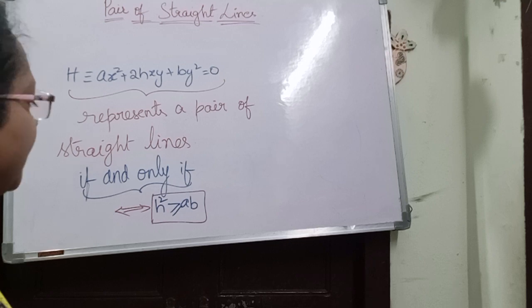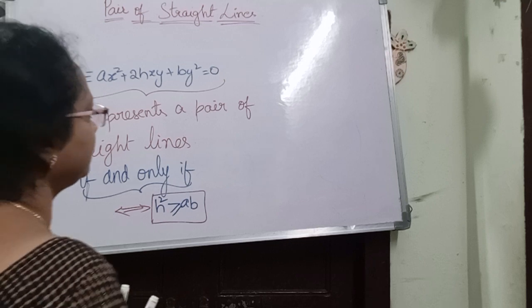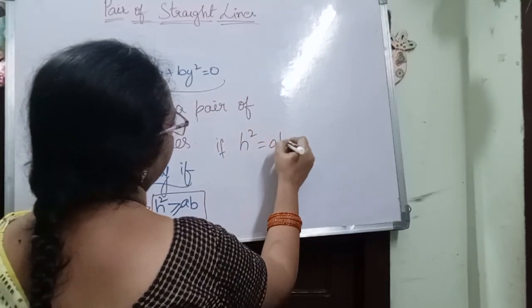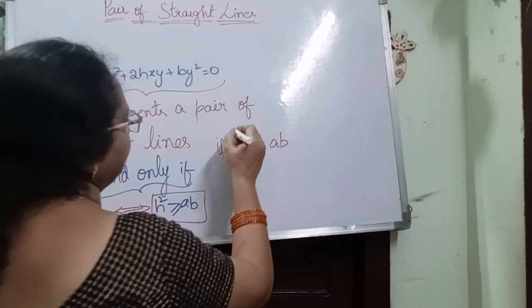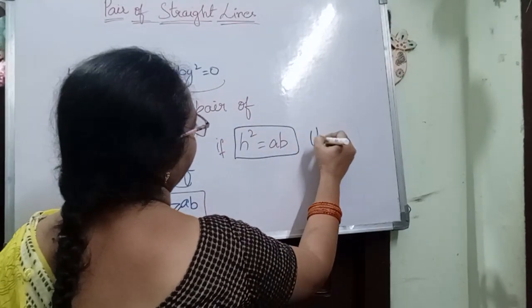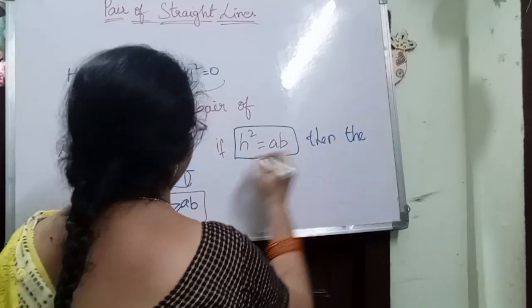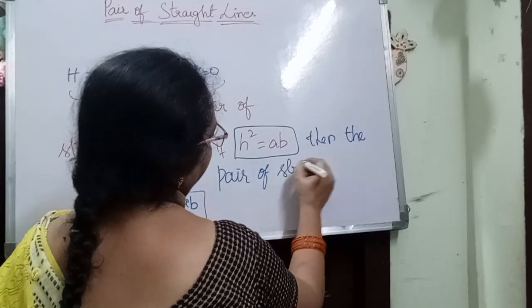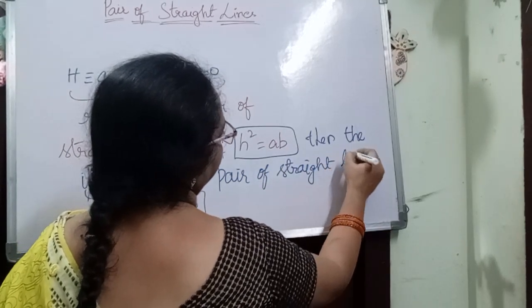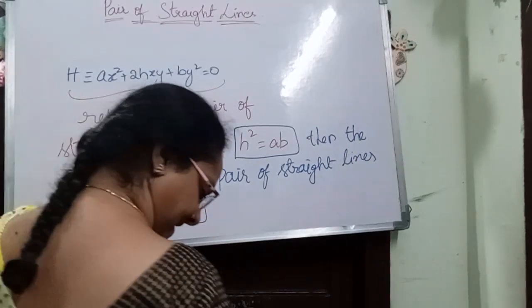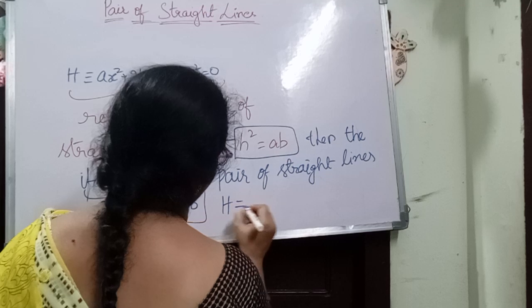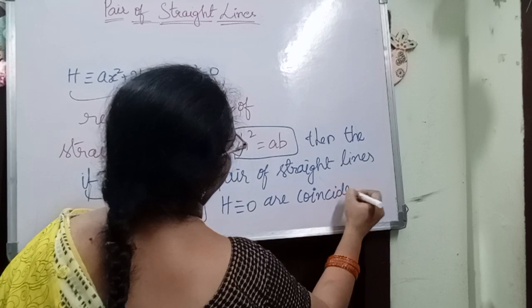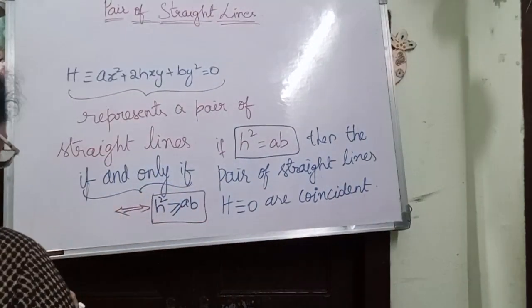One more condition is there. What is the condition? If h square equals ab, then the pair of straight lines are coincident.